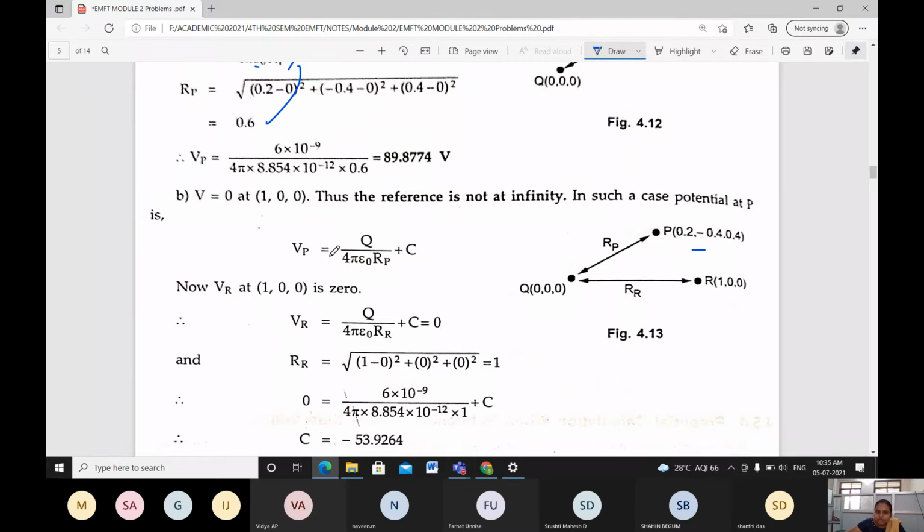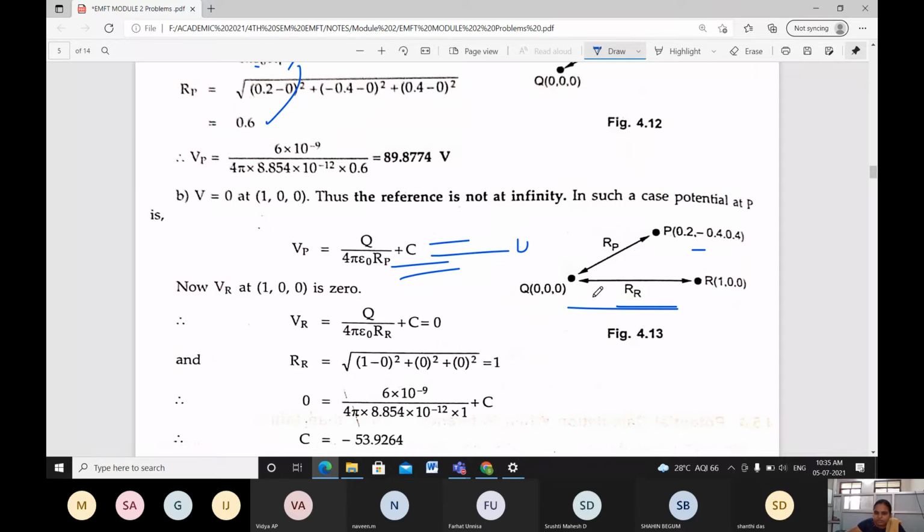Therefore Vp is equal to Q divided by 4 pi epsilon naught times Rp plus C, where we have to consider the constant C. Then Vr at (1, 0, 0) is 0. Therefore Vr equals Q divided by 4 pi epsilon naught times the distance of R, plus C, equal to 0.